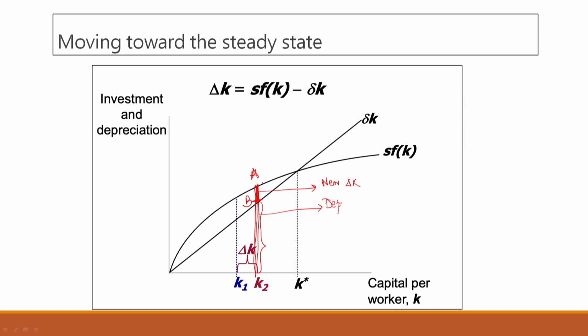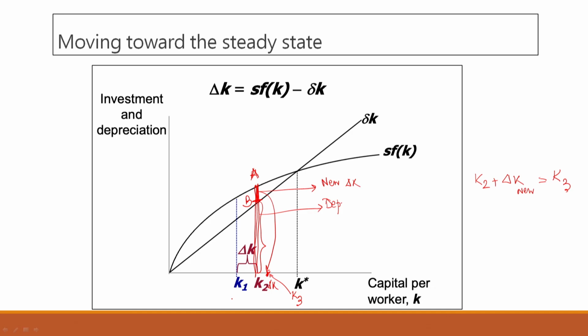This new delta K, if you just bring it down here and add it to the existing K. So, now we have K2 plus delta K, we will call it new, because for the earlier one also we had called it delta K, right. It is still delta K because it is the change, but another one. And that helps us to arrive at another point here, which we are calling K3.